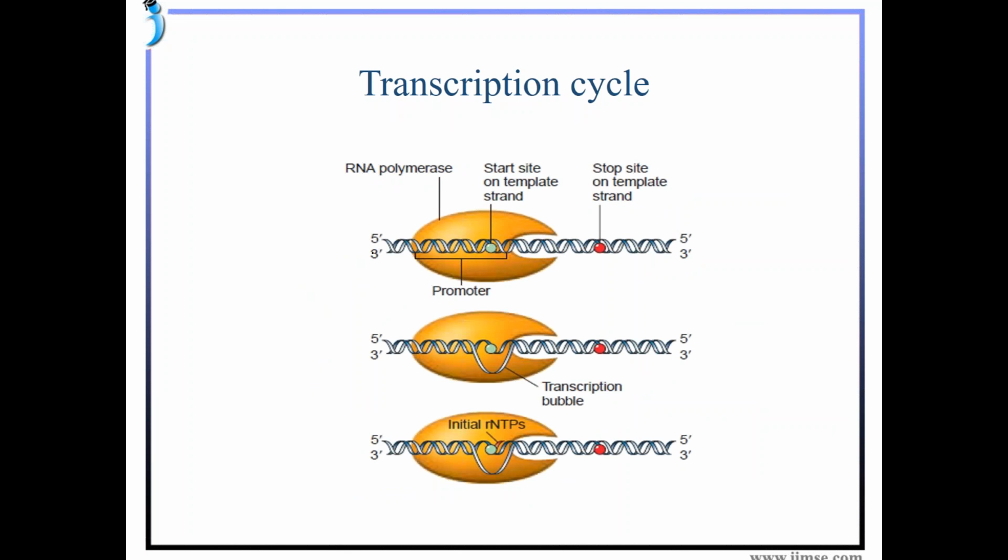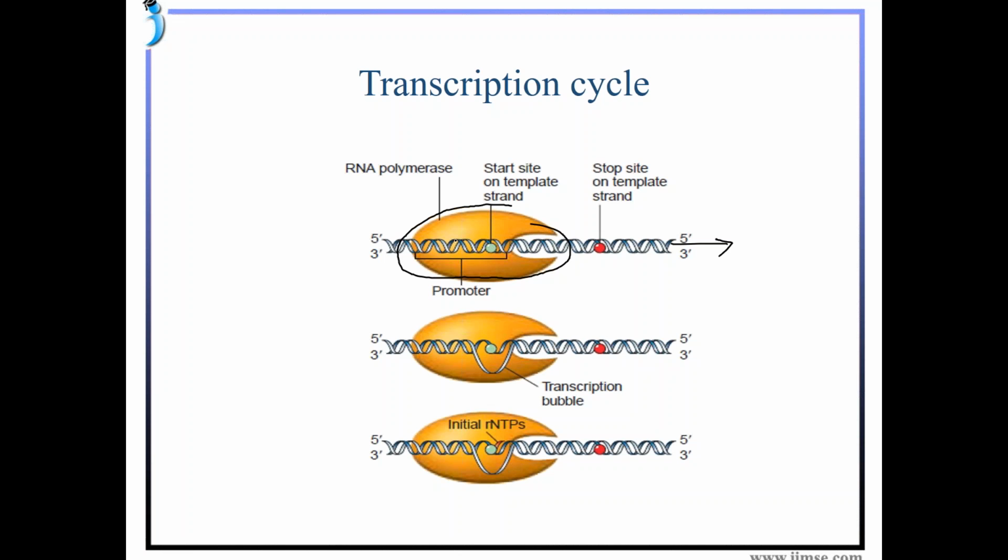So this is your DNA strand, double strand. Once your RNA polymerase recognizes your promoter site, it will bind to the DNA, and I have said that RNA polymerase will occupy around 40 to 70 nucleotides. If you can see, it is occupying around 7 rounds of DNA, each turn carrying around 10 nucleotides, so it occupies around 70 nucleotides.